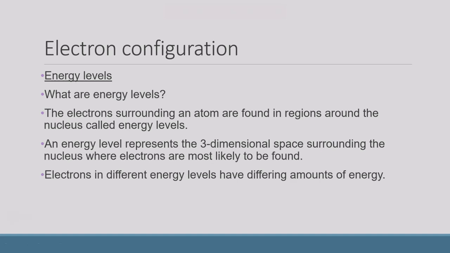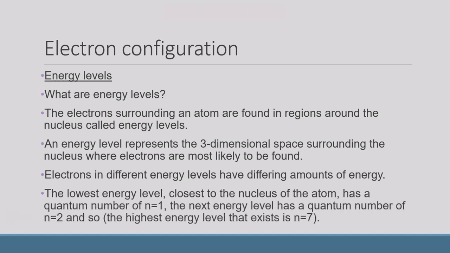Electrons in different energy levels have different amounts of energy associated with them. The lowest energy level is the one closest to the nucleus. So we call that simply n equals 1.